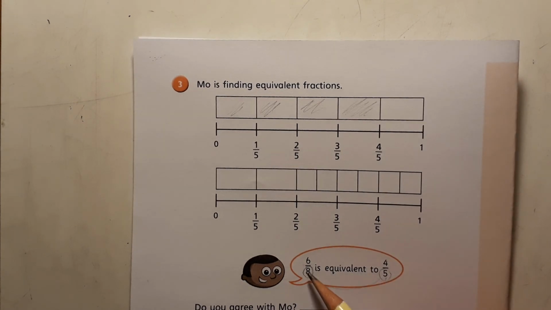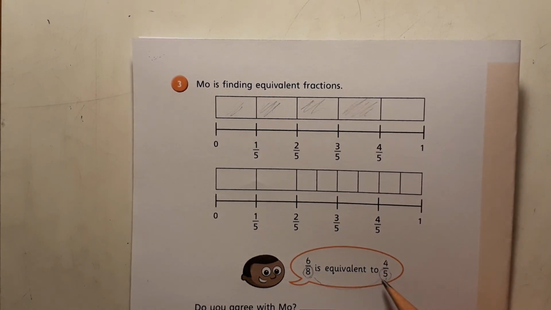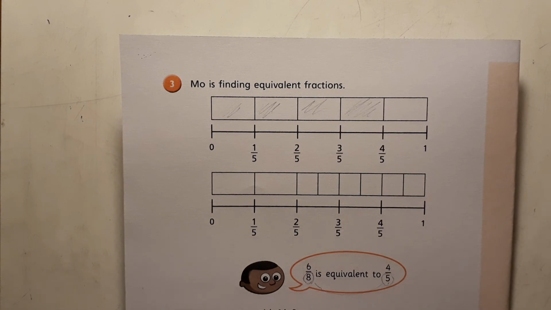There is a way when you're in year 5 that we will be able to teach you how to compare these fractions really accurately. But if we just look at the fact that 8 is not a multiple of 5, we can identify that these fractions cannot be equivalent.